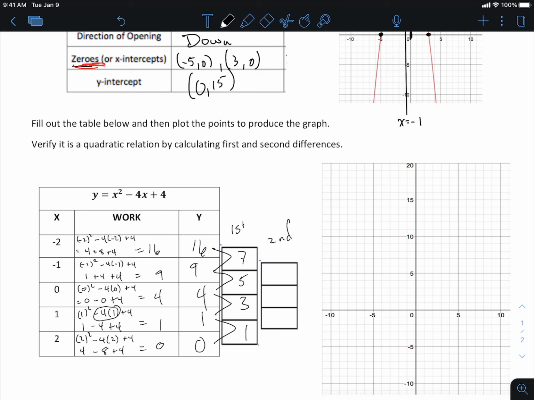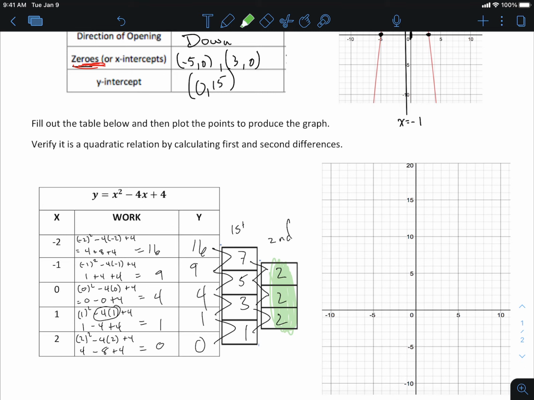Well, if I do the second differences, I'm going to see 7 minus 5 is 2. 5 minus 3 is 2. 3 minus 1 is 2. These all match. I know I'm right. That's your first clue that you're right, if those match. If they don't match, you've done something wrong. So 1 point or 2 points or all of them are out of whack, right?